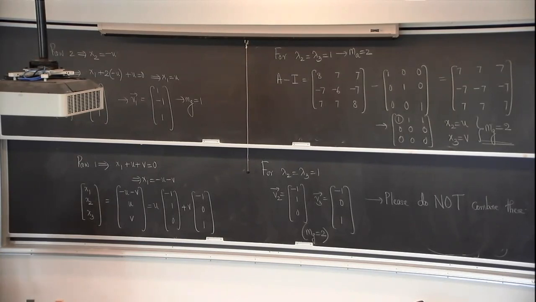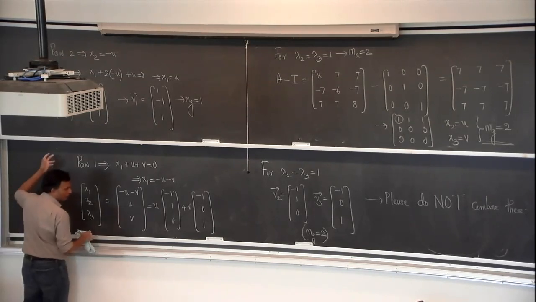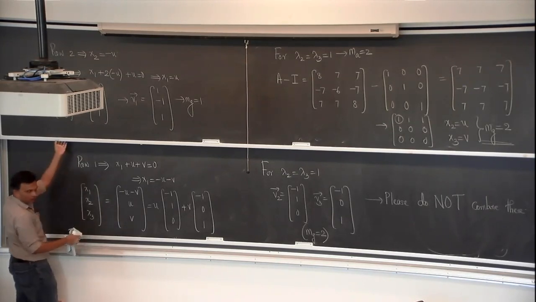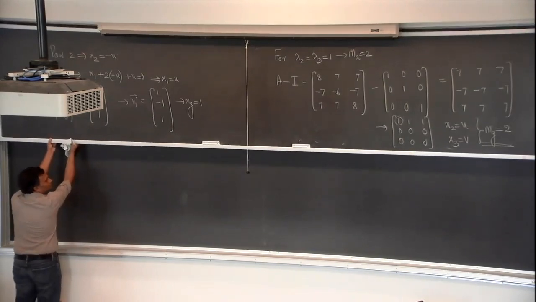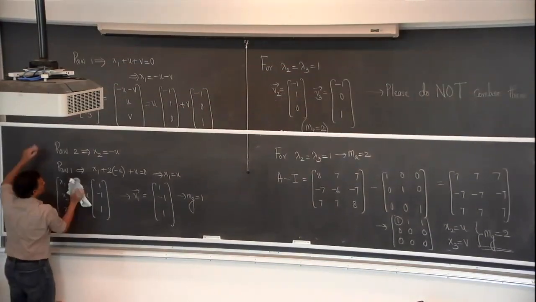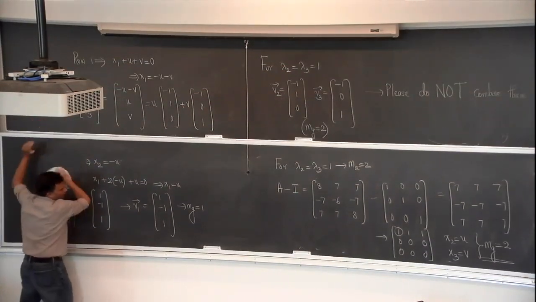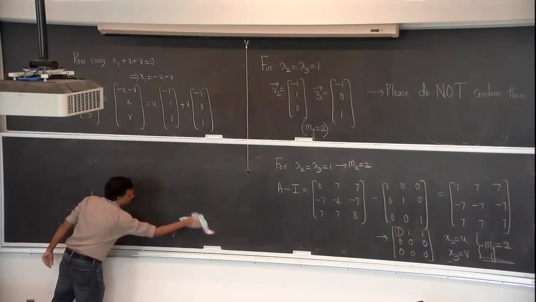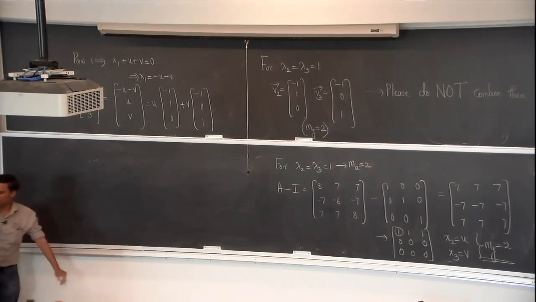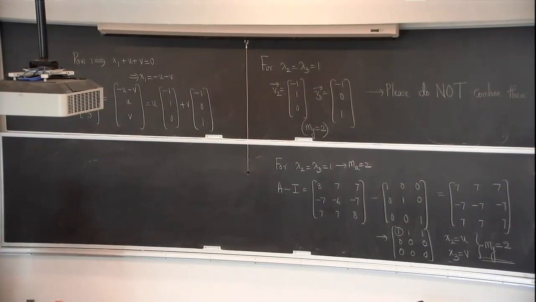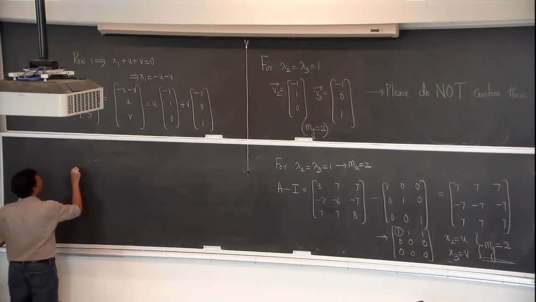Because you might be wondering, have you covered all the possible cases in 3 by 3? No. When I'm doing slightly difficult examples, the ones in your homework I think are easier. They have lots of zeros in them, so it's easy to manipulate those.